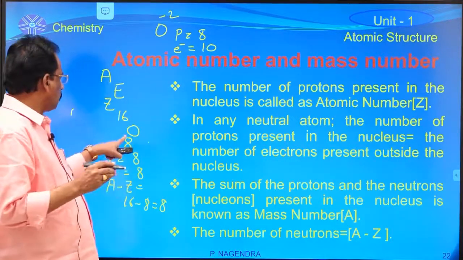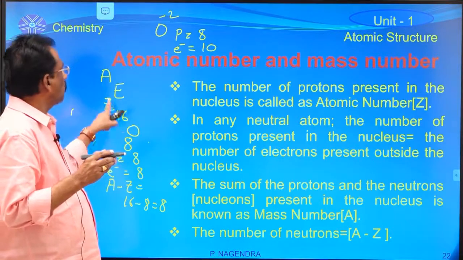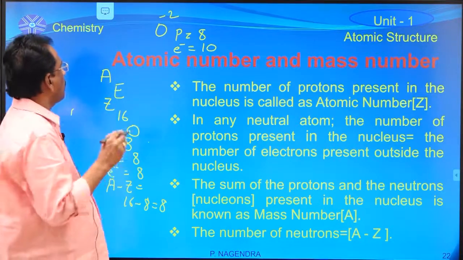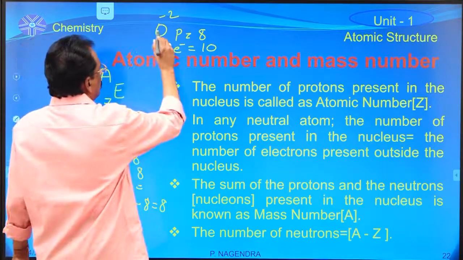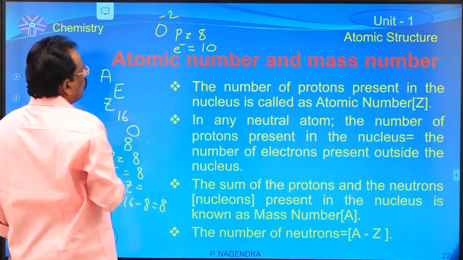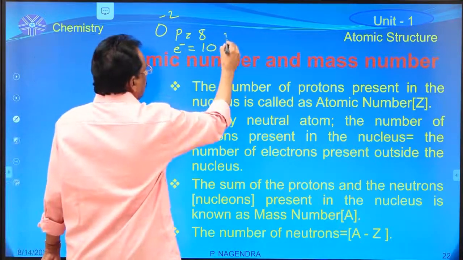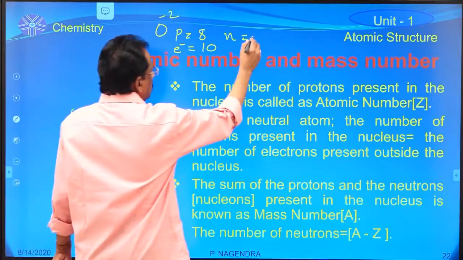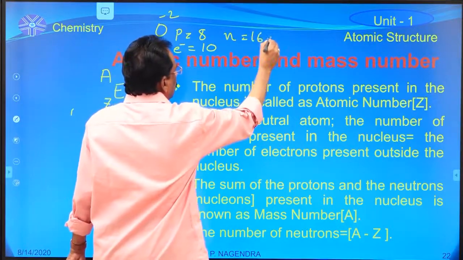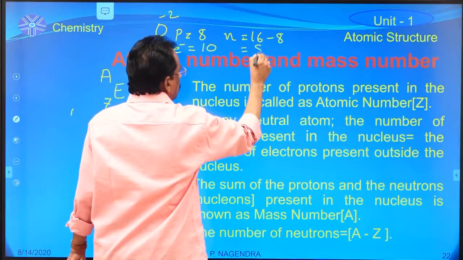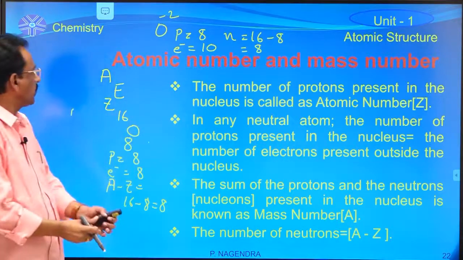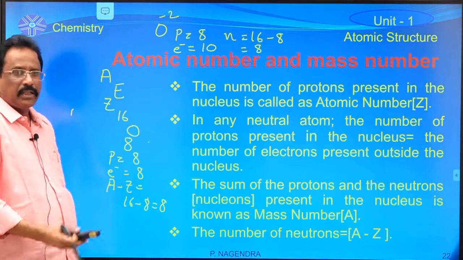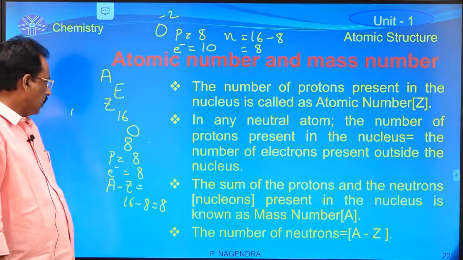The number of neutrons present in 8O16 is 8, and the number of neutrons present in O minus 2 is also equal to 8, because there is no change in the proton number.